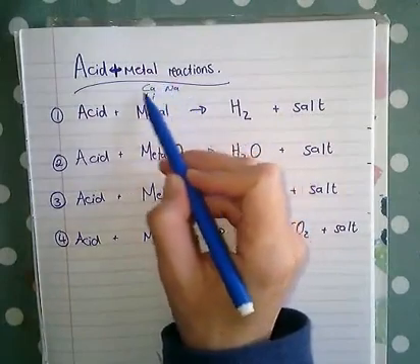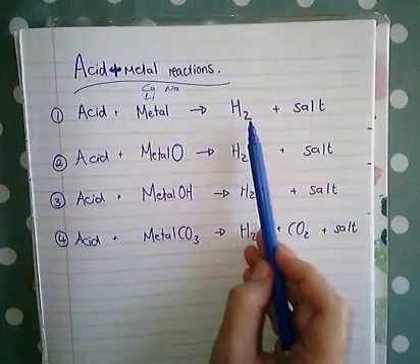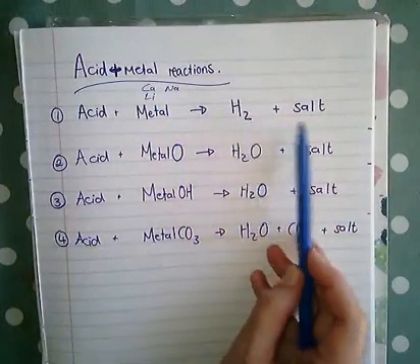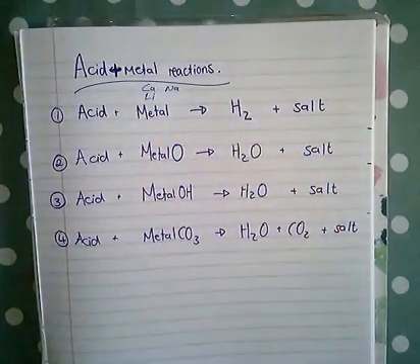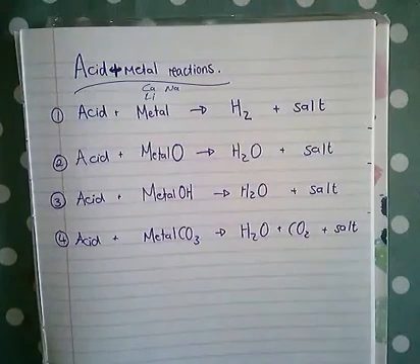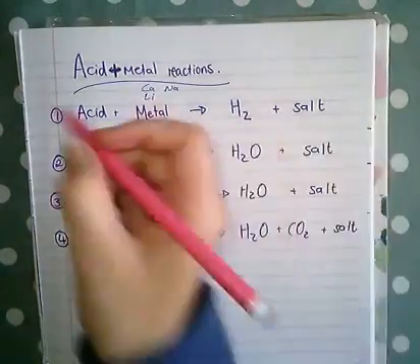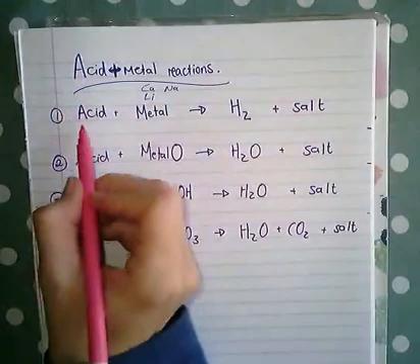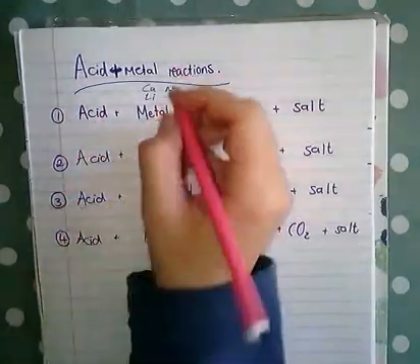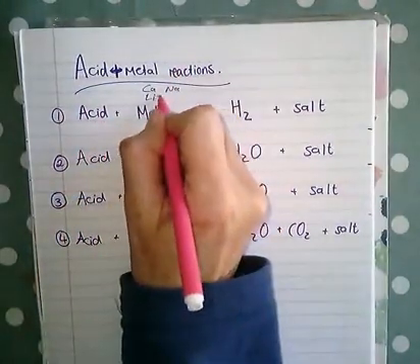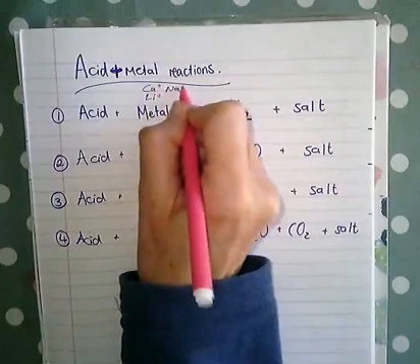That salt is always going to be from the metal and from the acid. The metal is always positively charged when it becomes an ion, and the acid will always have a positive hydrogen with a negative ion.